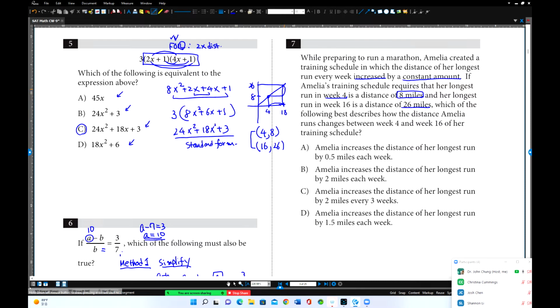The change is 26 minus 8. I'm sorry, that is 18, right? And the change in weeks is what? 16 minus 4. This is how much? 18 over 12, right? That is also change. This change is 18 miles per 12 weeks.